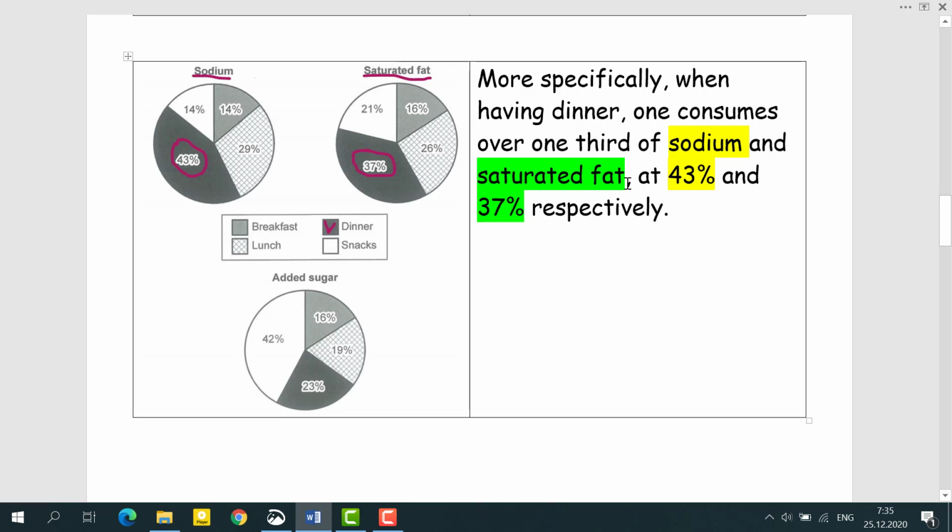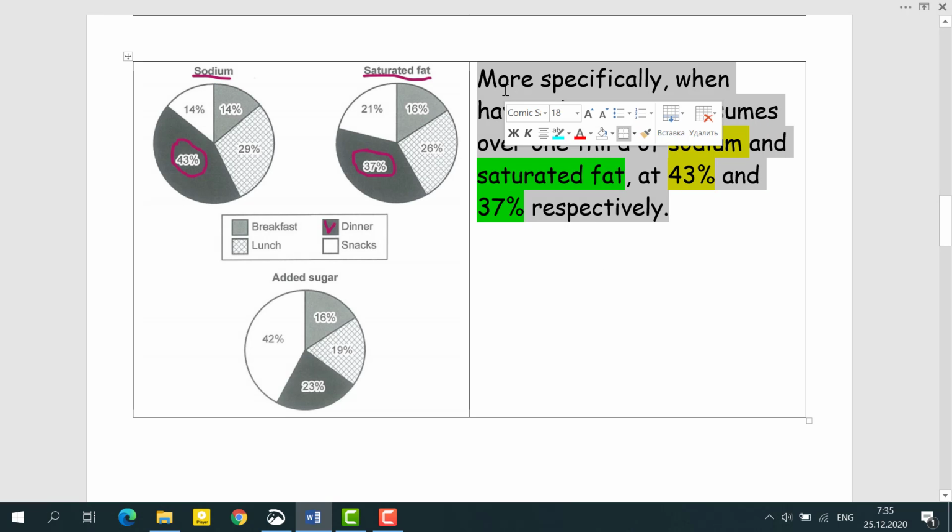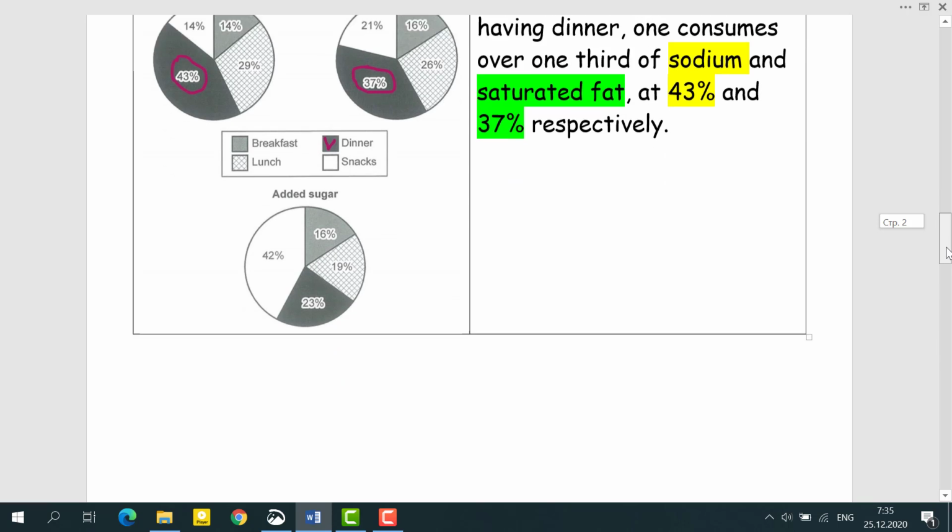So here you want to put a comma at, and then you want to give very specific percentages, at 43% and 37%, and then the word respectively. Respectively means that 43% belongs to sodium and 37% represents saturated fat, and therefore you need to use the word respectively. And here in the sentence, I'm focusing on large percentages. Okay, let's move on.